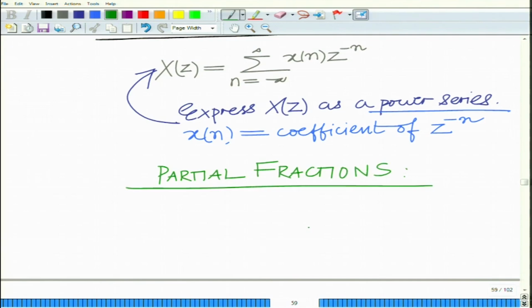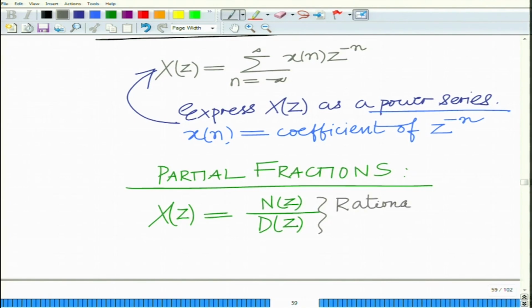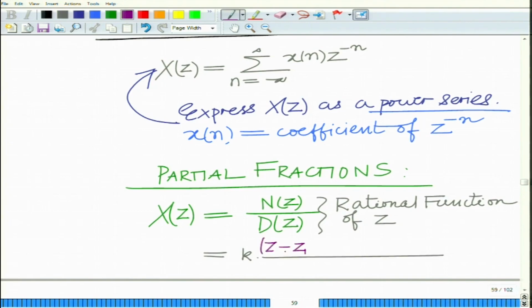Let us say X(z) is a rational function, N(z) divided by D(z), which I can write as some constant K times (z minus z1)(z minus z2) up to (z minus zm), divided by (z minus p1)(z minus p2) up to (z minus pn).